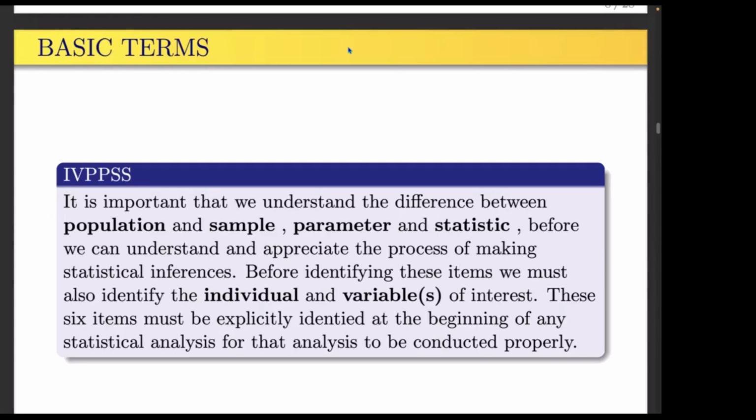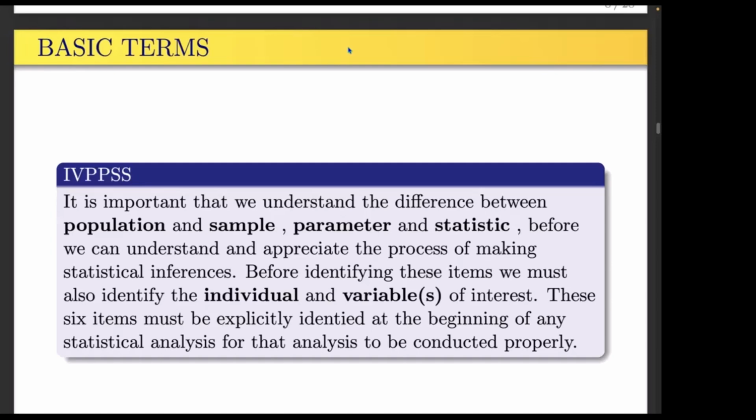So what is an individual? An individual is the unit we are interested in our research. The variable is the characteristic of the unit of research we are interested in. Then our first P is population. What is our population? It's every single individual which is in the research interest.